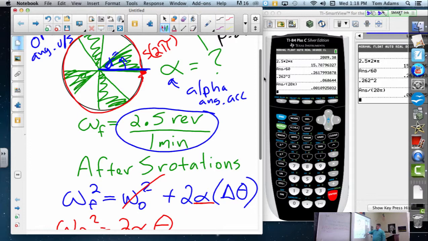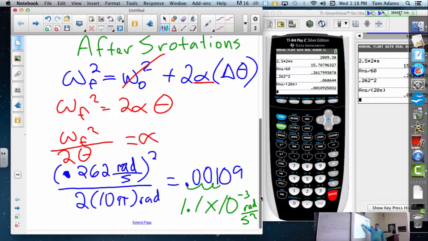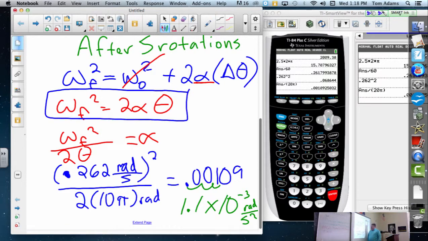Well, we're lucky because it started from rest, so the initial angular velocity is 0. So 0 squared is 0, so we get a simpler equation here. We're solving for alpha. Theta we have to figure out, and then we want to convert this to the proper unit, dimensional analysis, right?